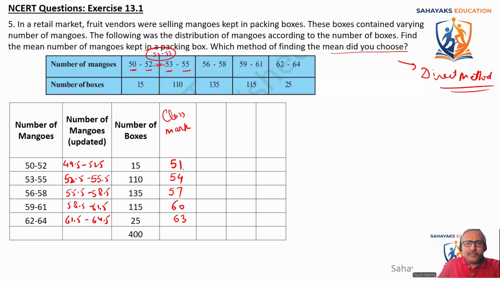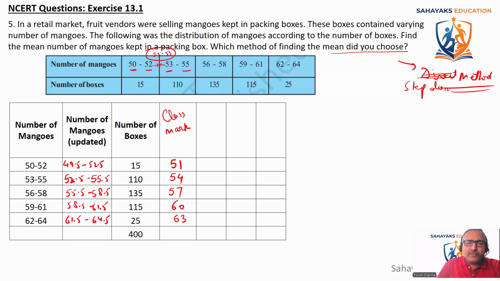The calculation will be much higher if we compute it. If we divide these numbers by something, or if we reduce something, that will be better. So better option, instead of using the direct method, we should use the step deviation method.